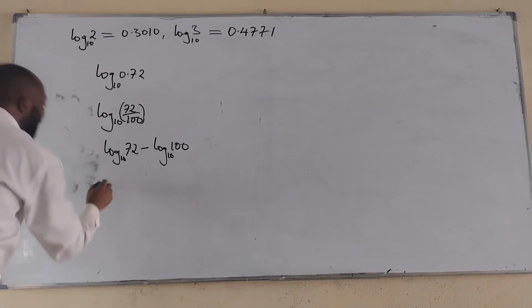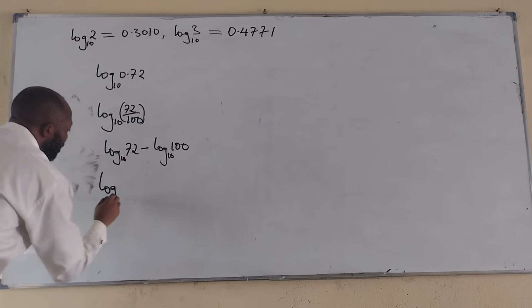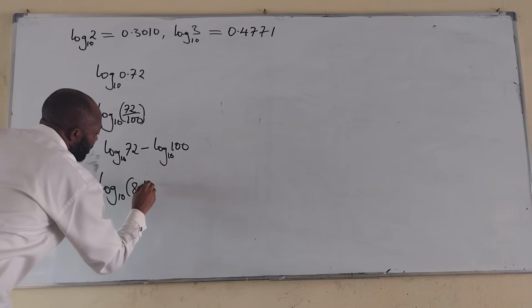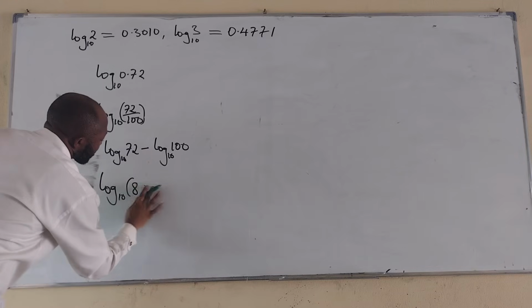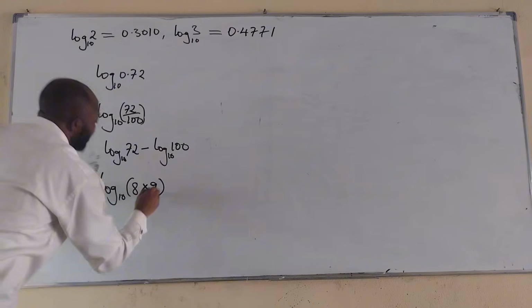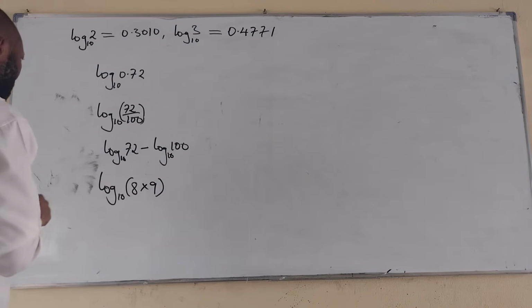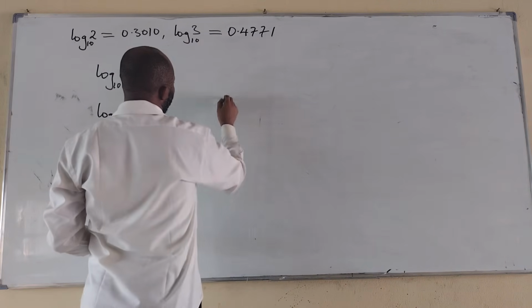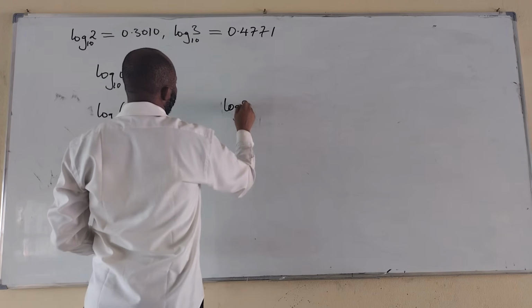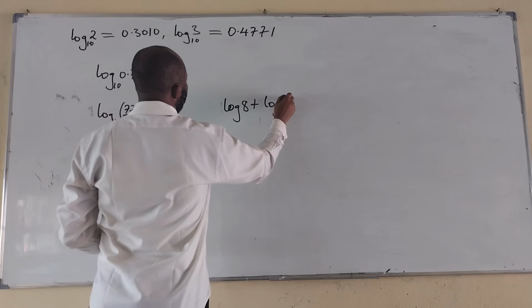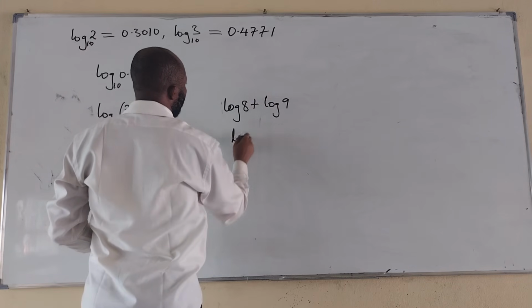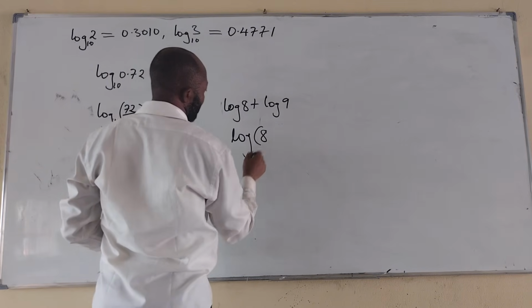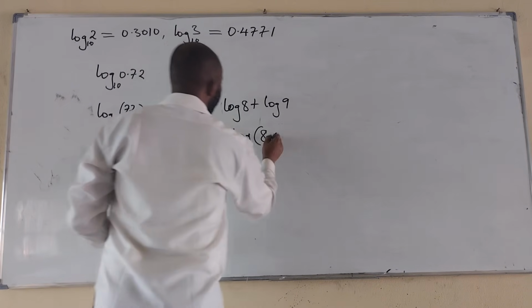So here I now have log in base 10, open bracket, 8 times 9. The addition law says that log 8 plus log 9 is the same thing as log of 8 times 9.